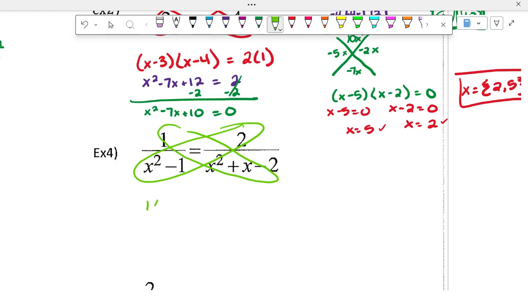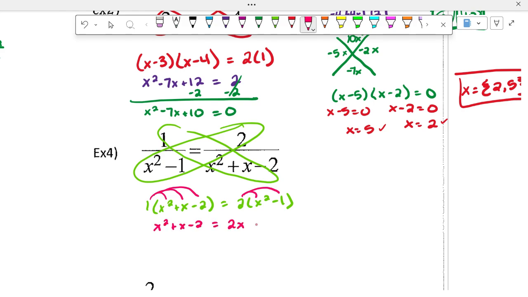So I have 1 times x squared plus x minus 2 is equal to 2 times x squared minus 1. Distribute. Since I'm multiplying by 1, that all stays the same. Then I get 2x squared minus 2.